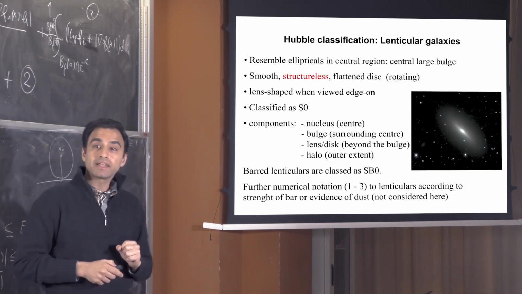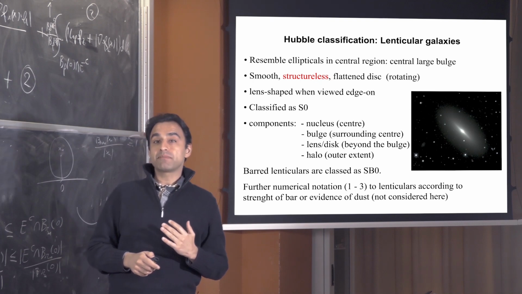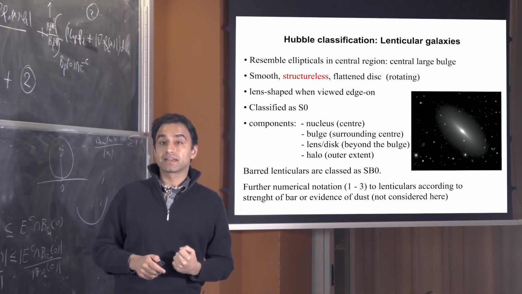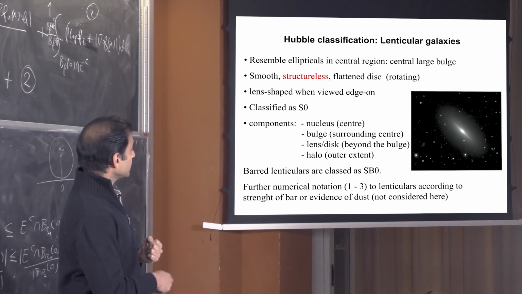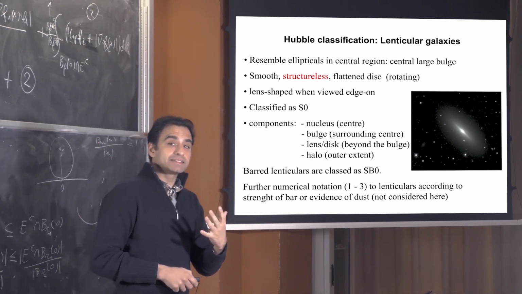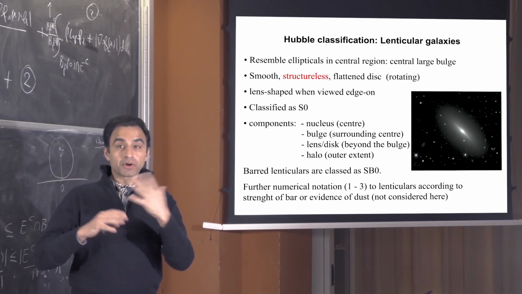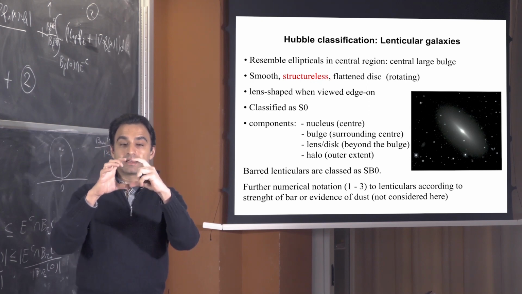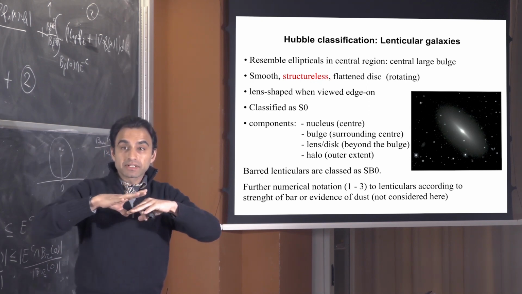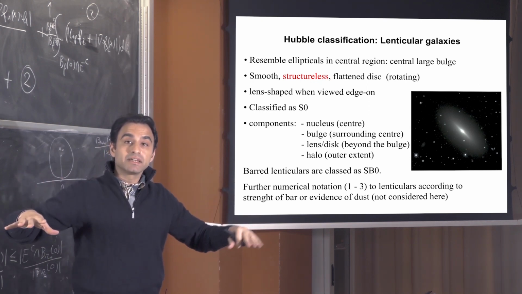Now let's move on and have a look at the second type of family, the lenticular galaxies. I remind you, lenticular galaxies are broadly described by a central bulge surrounded by a stellar disk.